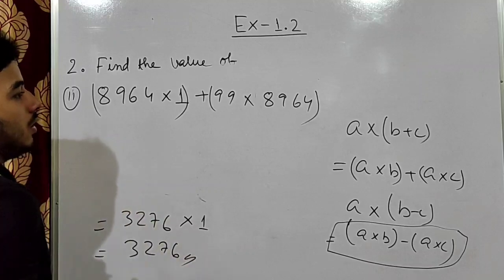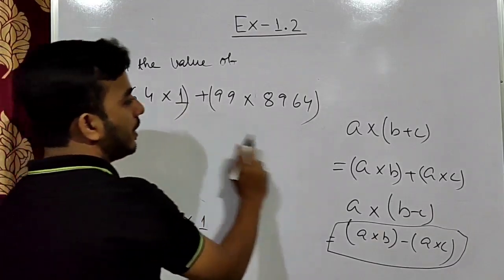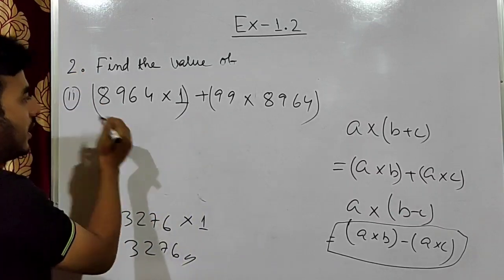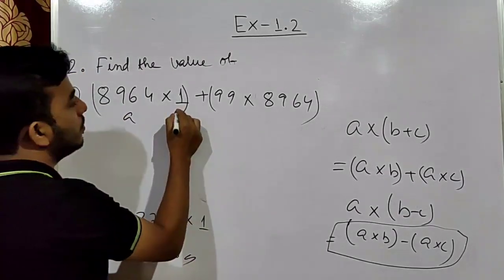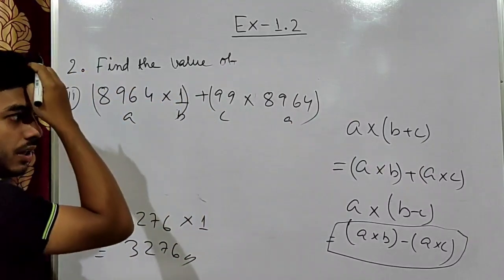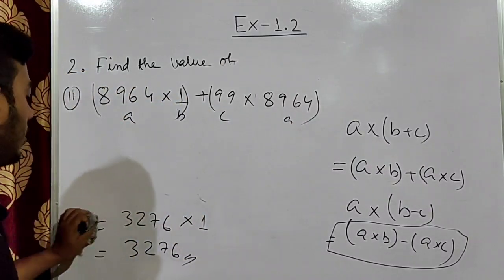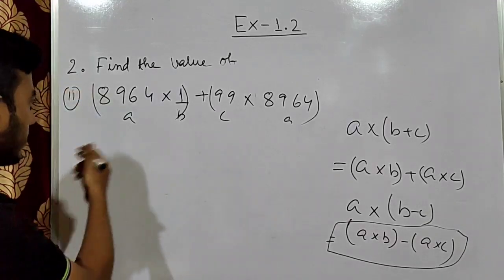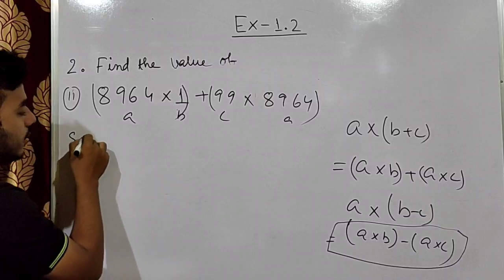Okay, now this is positive, right? So this is in this form. So in this case also, if we take common, consider this is A, this is B, this is C, this is A. Clear? Now if we take common, what will be the common? Common will be A, isn't it? Okay, so let's start.